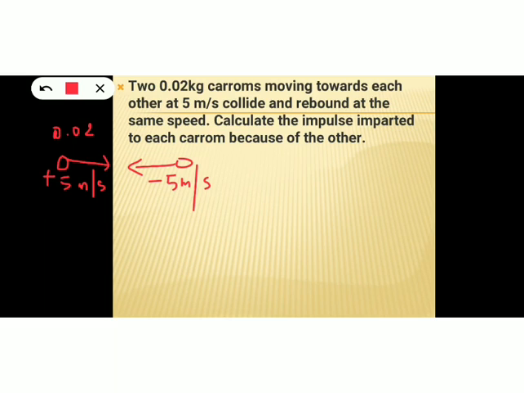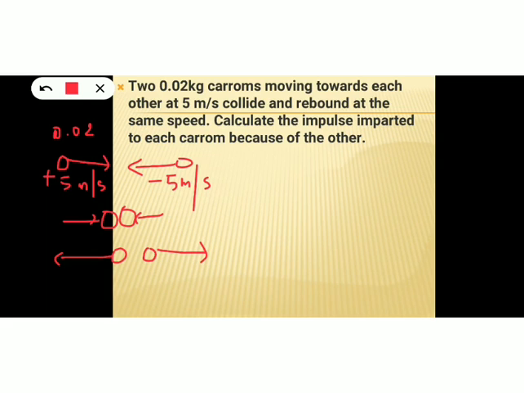When these two caroms approach each other, after some time they will collide, and after collision they will rebound. That means this carom moves in the opposite direction and the second carom also moves in the opposite direction.